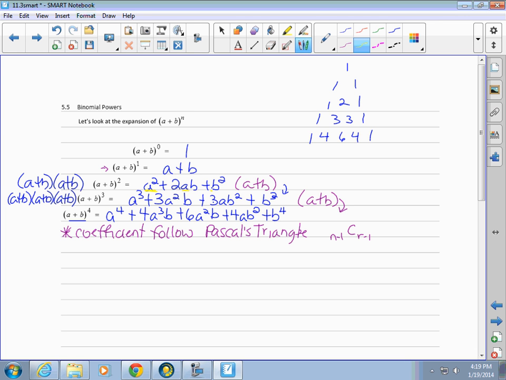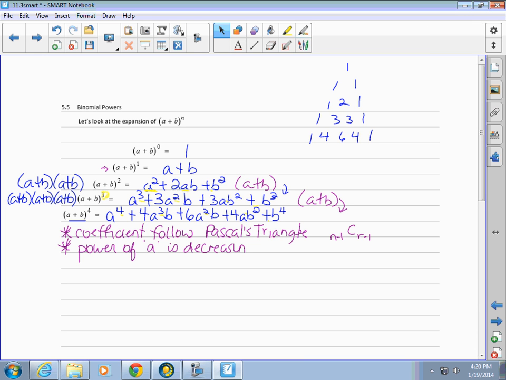In the next row, I had a cubed, then it was a squared, and then a power of 1, and then basically a to the power of 0. So each row that I go, my a power is decreasing each term. A to the 4, a cubed, a squared, a to the 1, no a. So the power of a is decreasing.